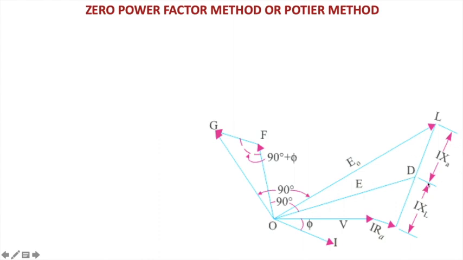And when the armature reaction drop is added to it, then we get the no load EMF being induced, and this OG is 90 degrees to this E0. So OG is the field current required to produce the no load induced EMF in the armature.